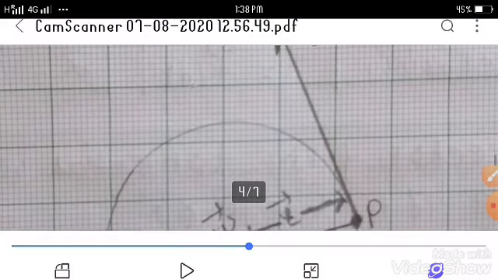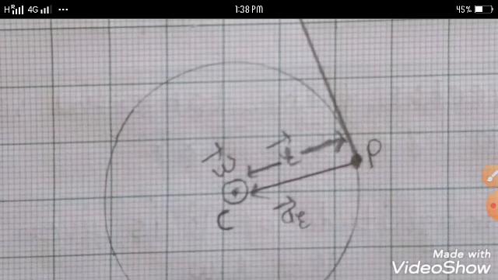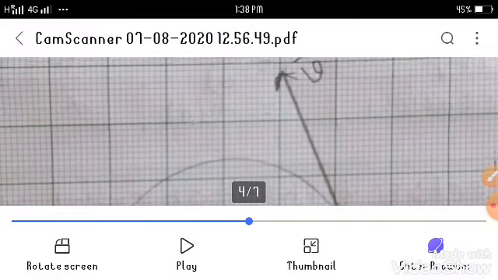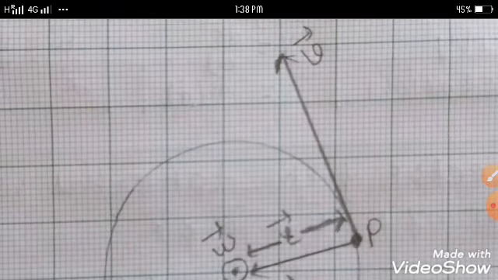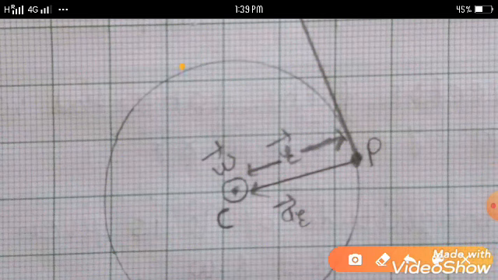See this diagram. Here v bar is the tangential velocity, P is any particle on the circumference of a circle, C is the center of this circle, small r is the radius of this circle, omega is the angular velocity of this particle, and a suffix r is the radial acceleration.